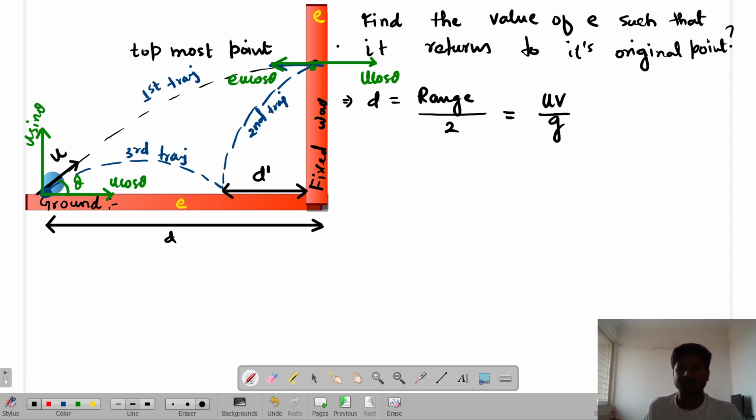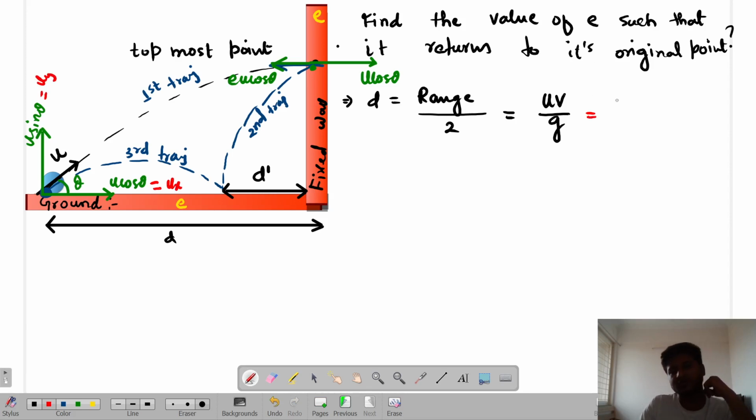Is that clear? What I'm doing is writing u cos theta as ux and u sin theta as uy.